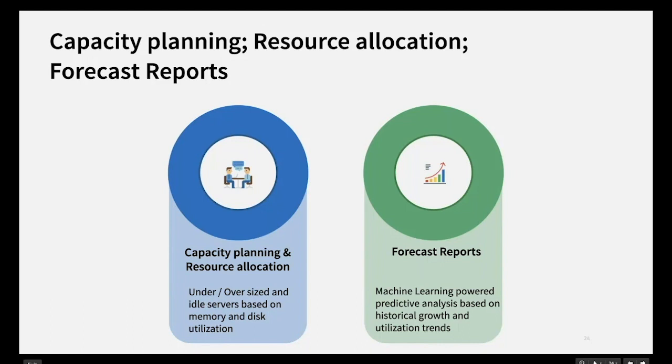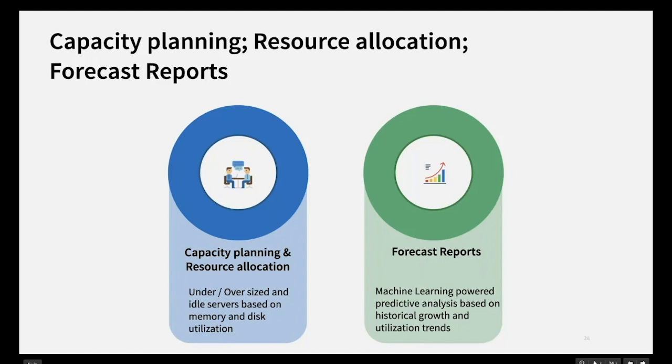For example, on your left, you can see the capacity planning and resource allocation tab, which is basically an understanding of your server capacity, how oversized or undersized these servers are, and whether or not you need to redistribute your resources across servers in order to maintain a healthy and seamless delivery of business services.